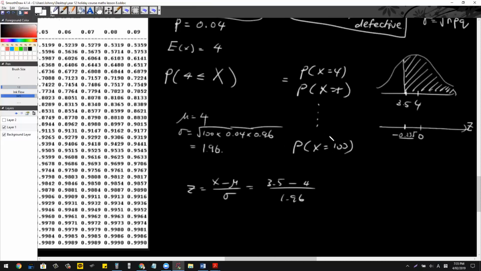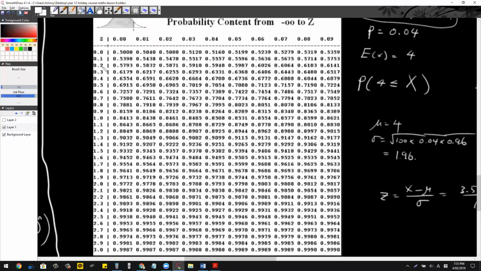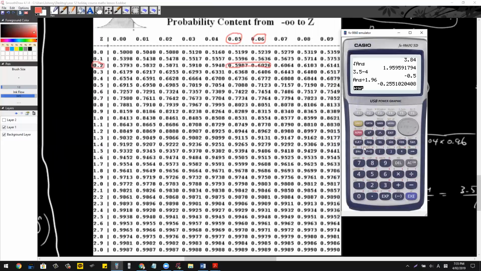So we need to find 0.255. 0.255 is halfway between those two, right? So I'm going to take the average between 0.5987 plus 0.6026.